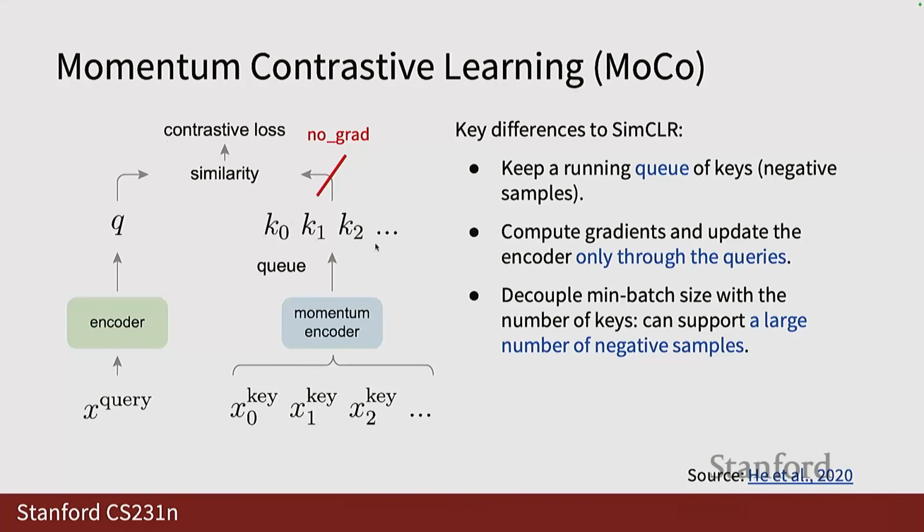But because we have this queue, we cannot backpropagate, because those samples are not in the batch anymore. So we cannot backpropagate for the negative samples, and that's why it had to separate the encoder for positive samples, which are now called query, and the negative samples, which are now called key, in this architecture.